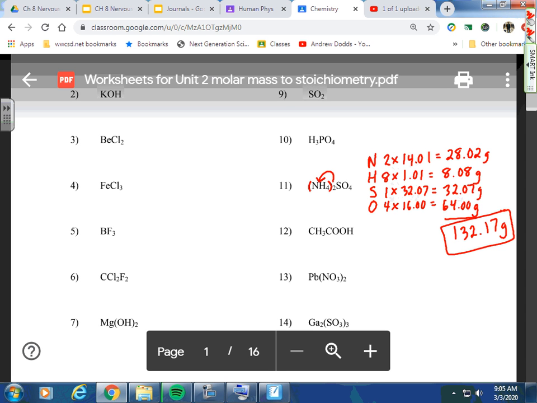Quick peek at number 12, too. Sometimes because of the parts of the molecule, you might see an element show up more than once. Like 12 says CH3COOH. So if I look at the capital letters, I know there's C, there's H, there's another C, there's O. They didn't put these in parentheses.